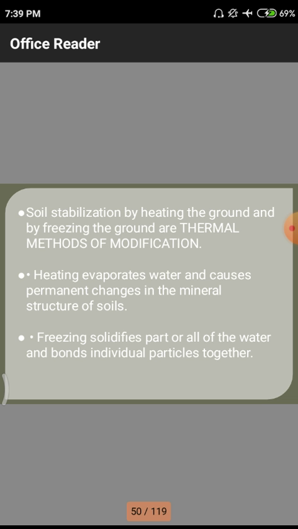Next one, heating evaporates water and causes permanent changes in the mineral structures of soils. Whatever the previous point I told, this belongs to that. Whenever we heat a particular stratum, automatically due to this heat, water will evaporate at 100 degrees temperature. Like that, freezing solidifies part of the water and bonds individual particles together.